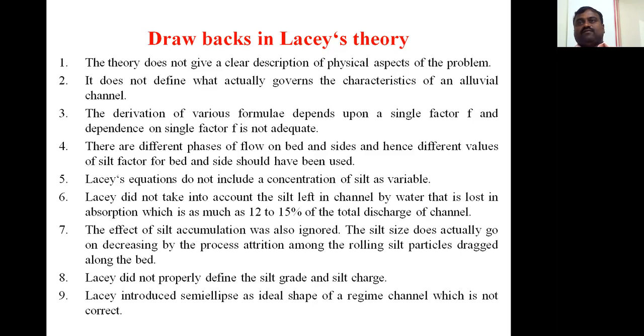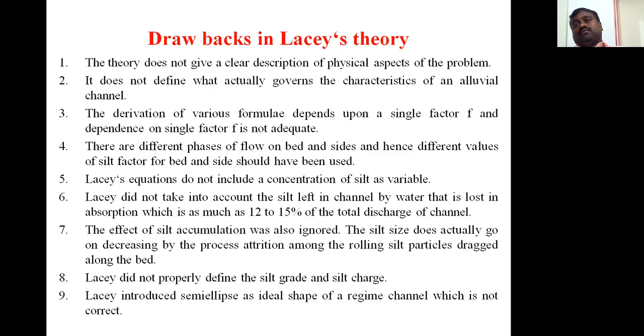The derivation of various formulas, as we've seen, is a set of equations. In most of the equations, he makes use only of the factor f. So the derivation of various formulas depends upon a single factor f.